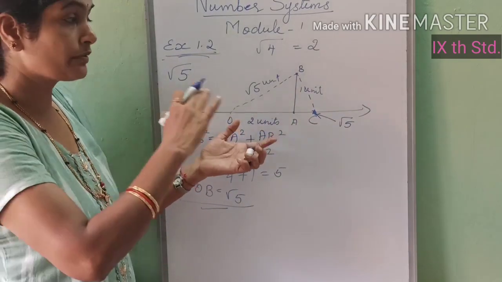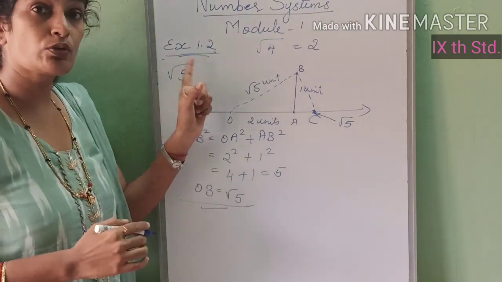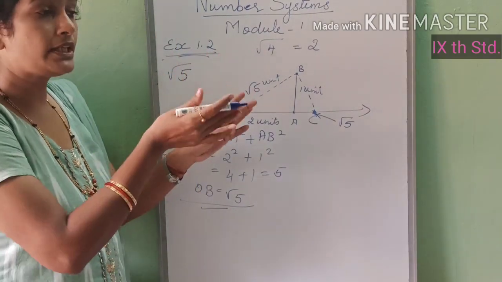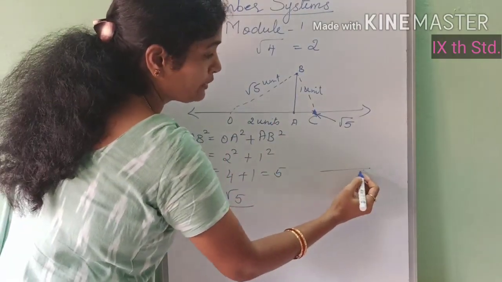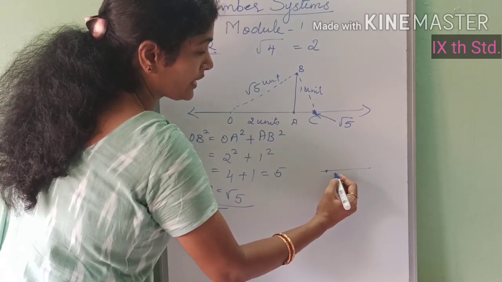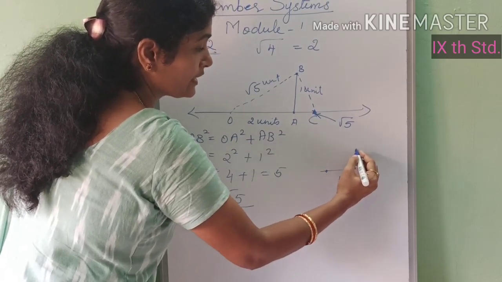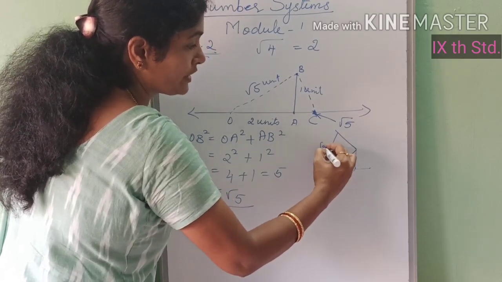Otherwise, the spiral method which I showed you earlier for representing root 2 and root 3, similarly you can use that also with 4 steps. For example, first step you have done root 2, for which you have taken 1 unit here. Then again this was root 2. Then again you constructed this and got root 3.